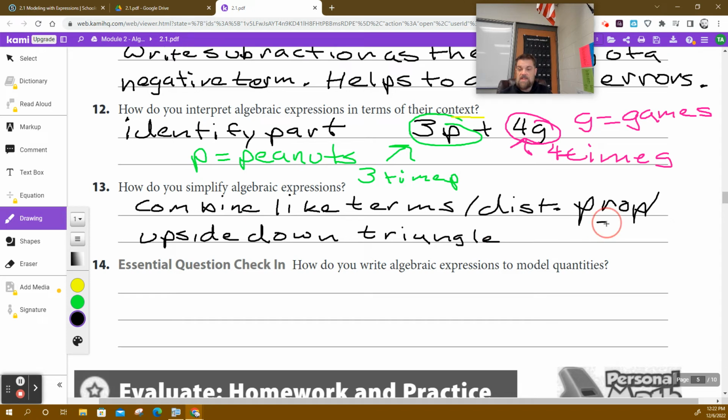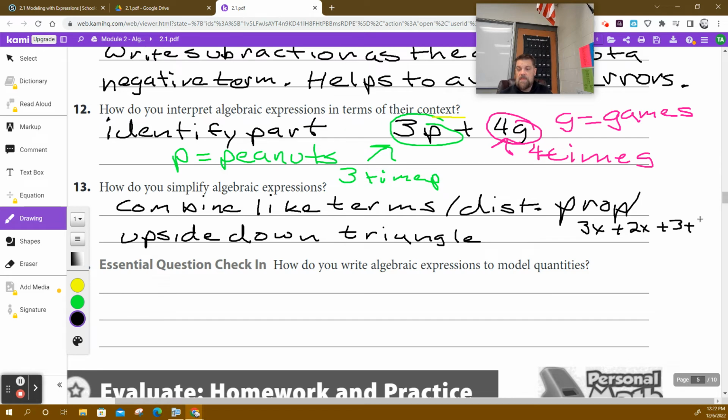Sometimes you'll get something like 3x plus 2x plus 3 plus 1. So I'm going to combine like terms. I take the x's and add them up. I have 3 x's in my hand, I add 2 x's to it, and that gives me 5x.